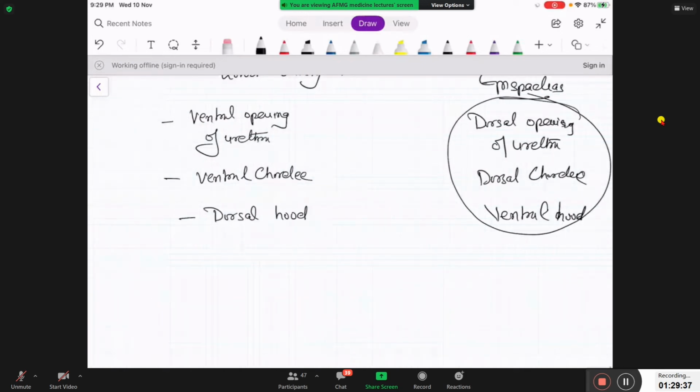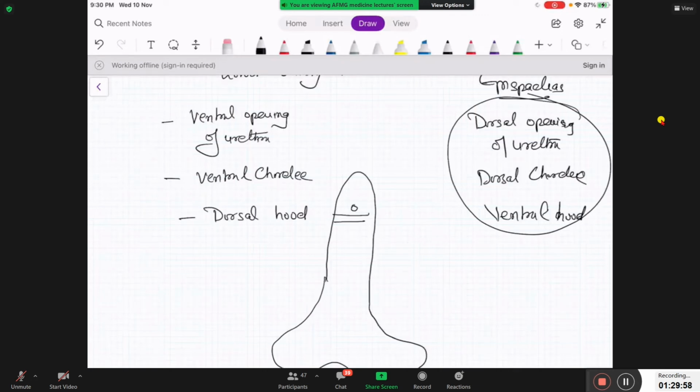In hypospadias, imagine a penis. The urethra opens on the ventral side of the penis. Now, what is happening here? Penis, I made you understand in our discussion on trauma also. Penis has 3 tubes: urethra, corpora cavernosa, corpora spongiosa, and there is a Buck's fascia. You know that.